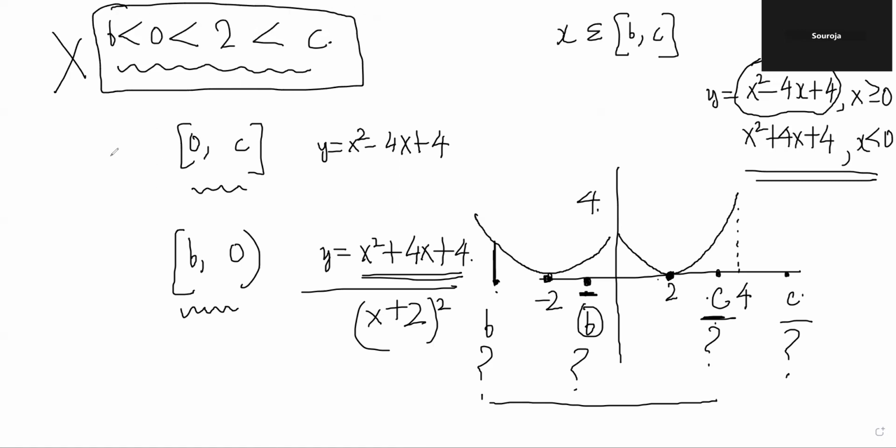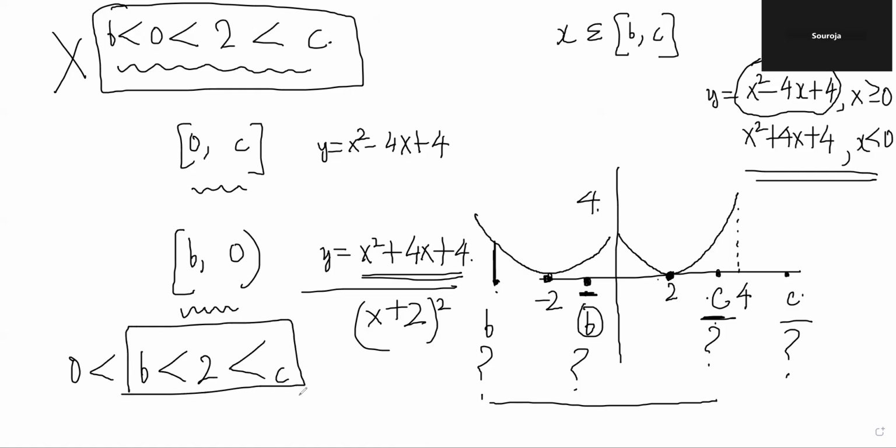So the solution will be the two answers that we were getting from the first case, where we said that 0 was less than B is less than 2 is less than C. And depending on the location of C, whether C is less than 4 or greater than 4, we got two options. The solutions were B is 0, C is 1, or B is 0 and C is 4 plus 2 root 3.